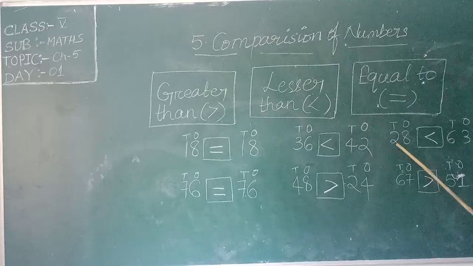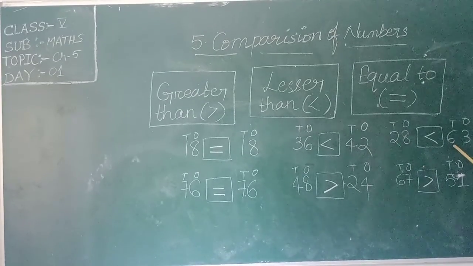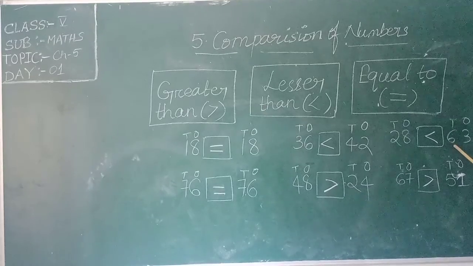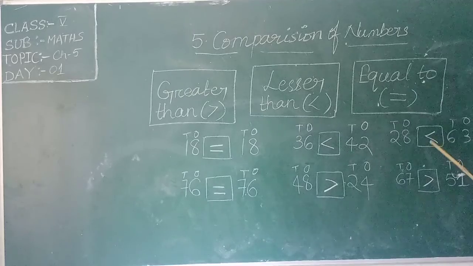In 63, in the highest place value, tens, which number is there? 6 is there. Now compare 2 and 6. 2 is what than 6? Big, less or equal? 2 is less than 6. So we use the less than symbol.